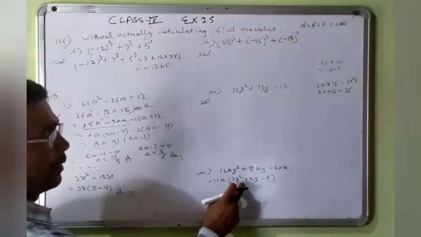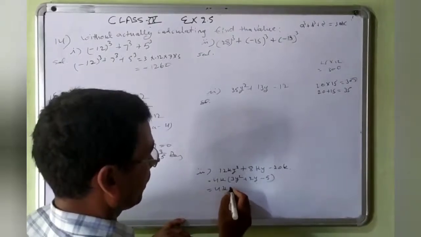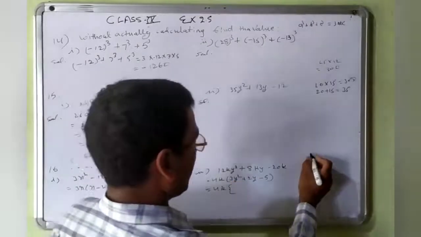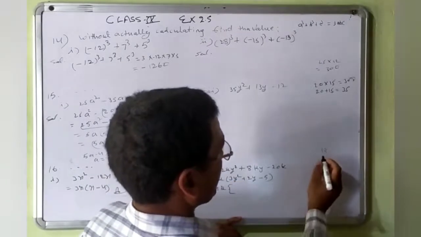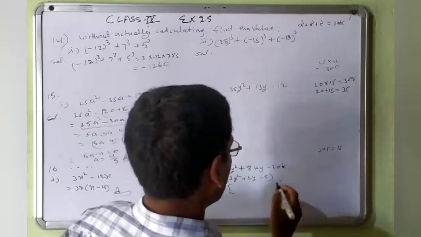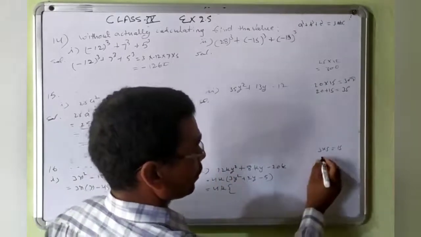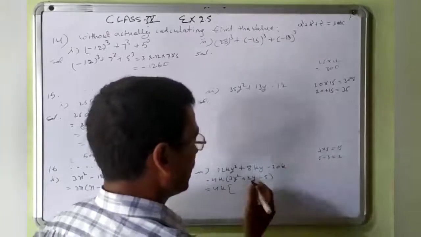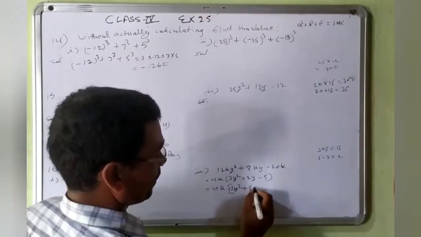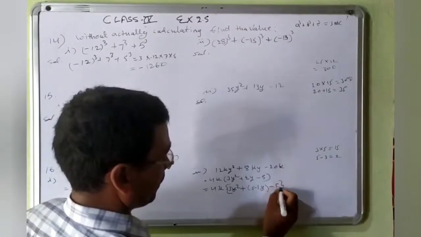Now here we will do the middle term splitting. 3 times 5 is 15, and 15 is converted into two factors whose difference is 2. So 5 minus 3 is equal to 2. So 3y square plus 5y minus 3y minus 5.